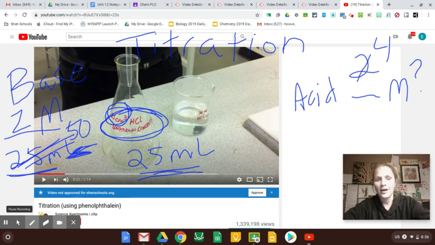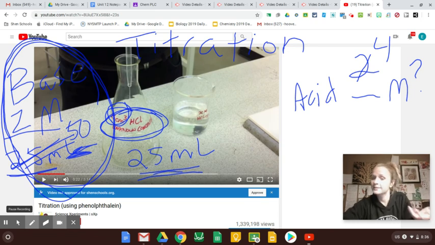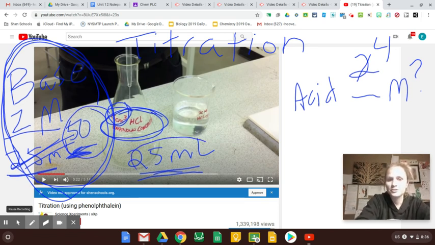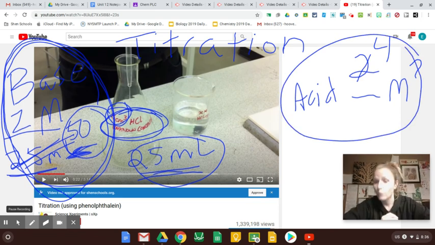So you figure out how much of the known thing, like I know this base is 2 molar because it came from a bottle that says 2 molar. That's how concentrated it is, molarity of 2. And I'm like, oh, it takes twice as much base to neutralize that much acid. So it must be that the acid is like twice as strong.